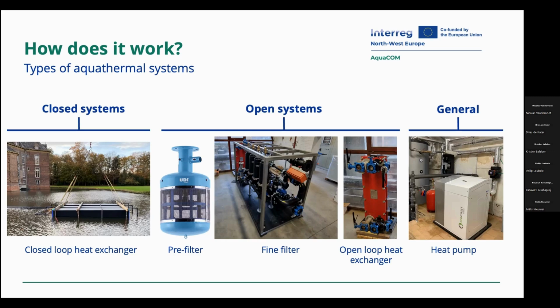Once the water is in the pipelines, we have a distribution, and the water goes to a finer filter. We will filter the water to a level, depending on where it is installed, between 20 and 100 micrometers. It's really to avoid all contamination, all small particles which are present, and it's logical that they are present because it's a natural waterway.